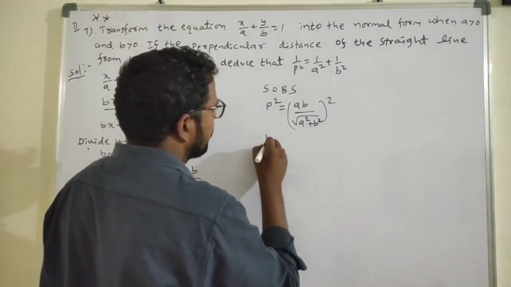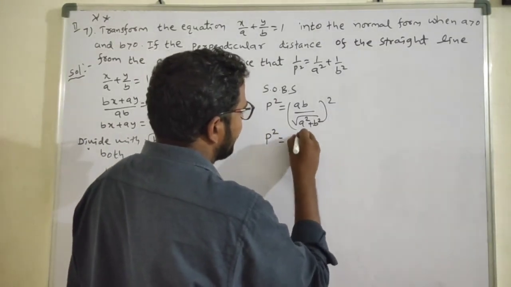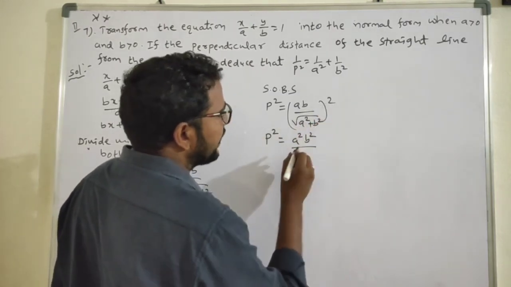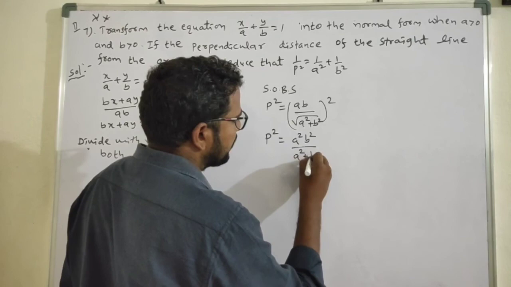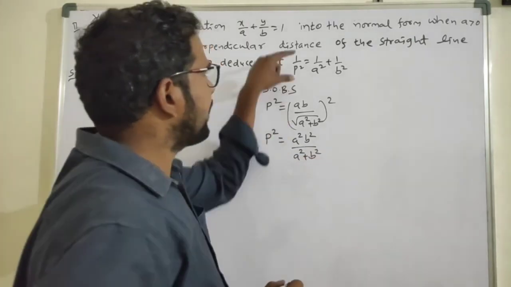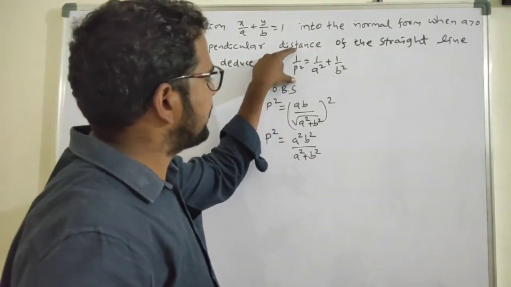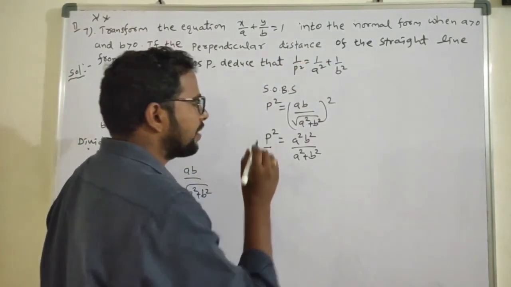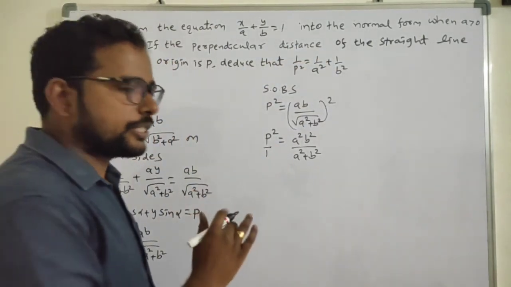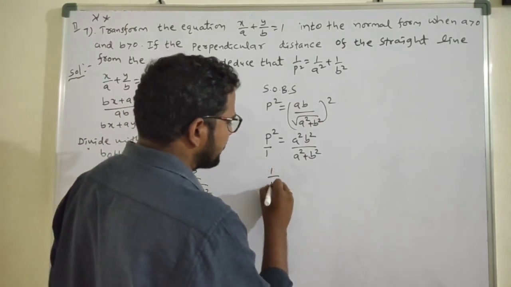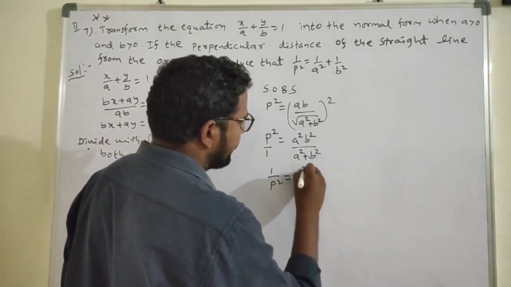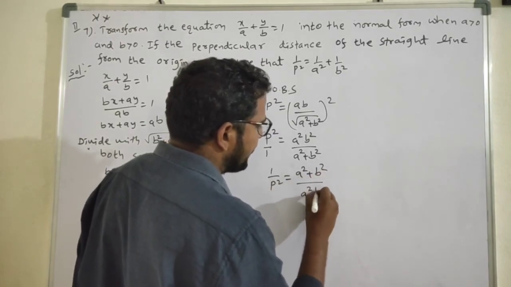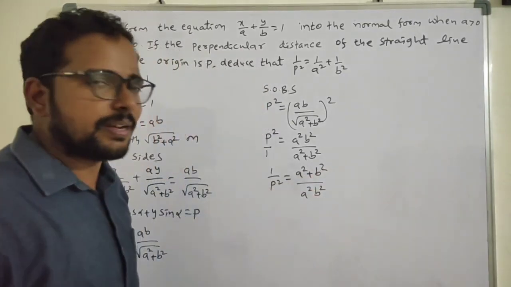So p square is equals to a square b square by the denominator square root cancel అవుతుంది అంటే a square plus b square వస్తుంది. అంటే మనం ఏం ప్రూవ్ చేయాలి, 1 by p square ప్రూవ్ చేయాలి. p square ని p square by 1 రాయొచ్చు. Both side take reciprocal. So 1 by p square is equals to a square plus b square by a square b square.